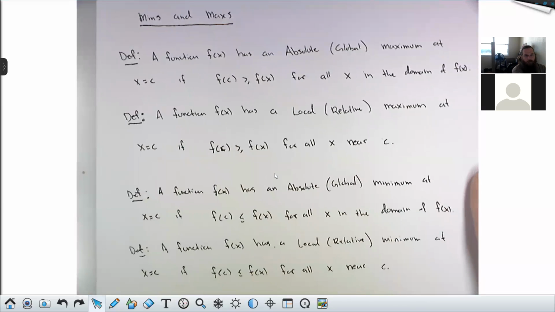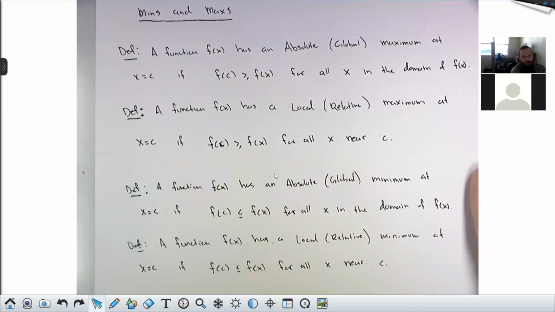All right, so these are all the definitions for mins and maxes. It's a bunch of word soup. So there are some pictures that go along with this that I think will be very helpful here.